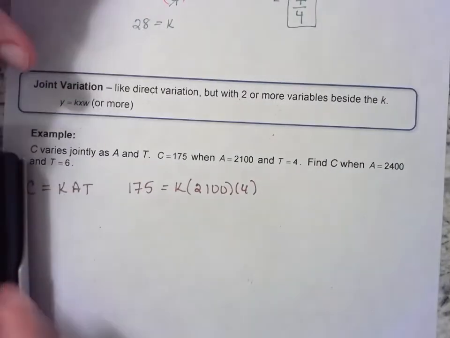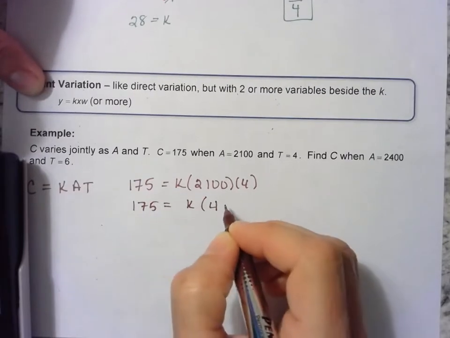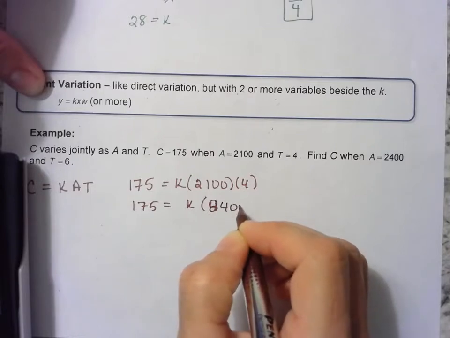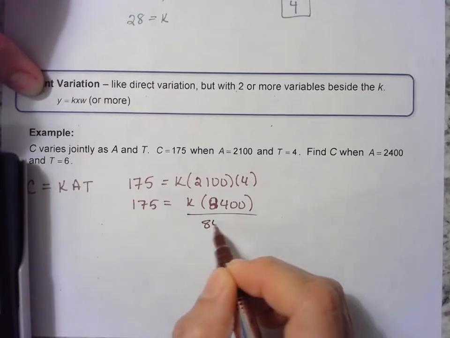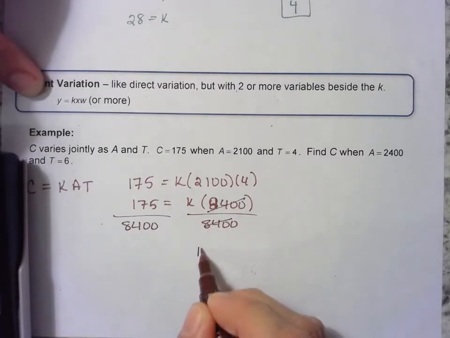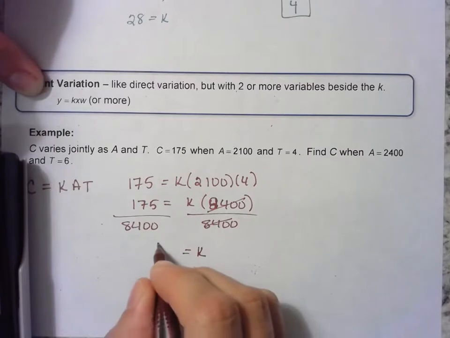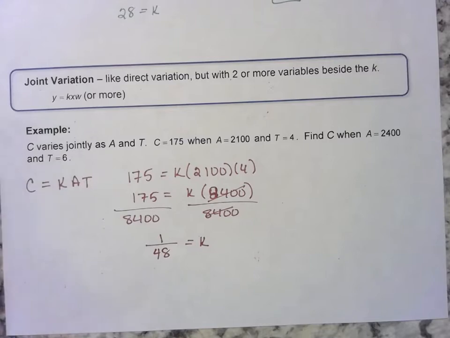So we have 175 is equal to k times 8400. And then divide both sides by 8400 to figure out what k is. So k is going to be 175 divided by 8400. I definitely want that one in fraction form because it's not a very pretty decimal. 1 over 48. So we have our constant of variation.